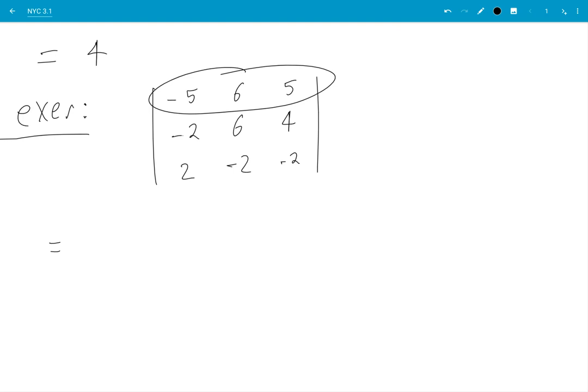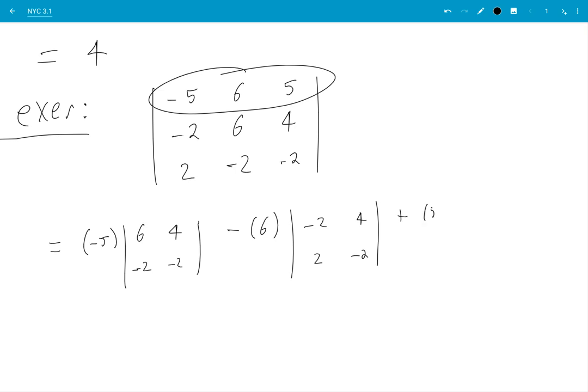Should get 5 times the determinant of 6, 4, 2, -2, minus 6 times the determinant of -2, 4, 2, -2, plus 5 times the determinant of -2, 6, 2, -2. Okay, let me double check that.